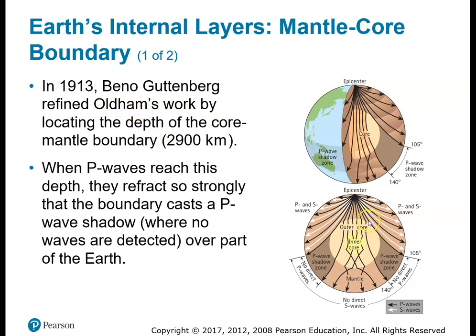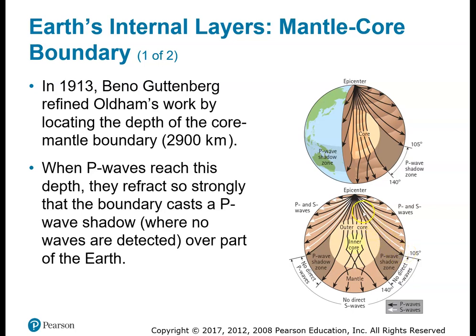But what this guy did, refining this discovery, is he found that there were these regions of refraction of the P wave.